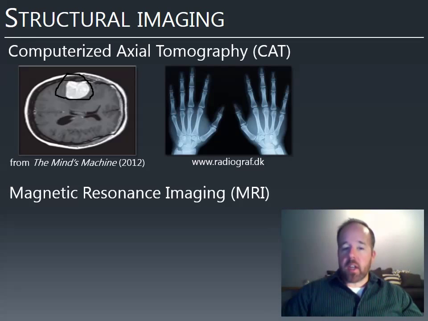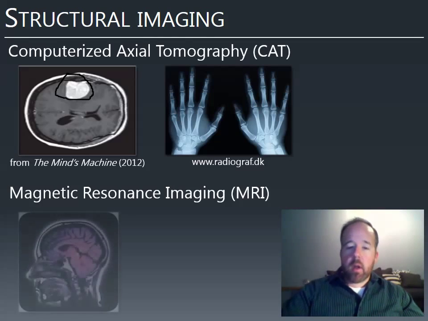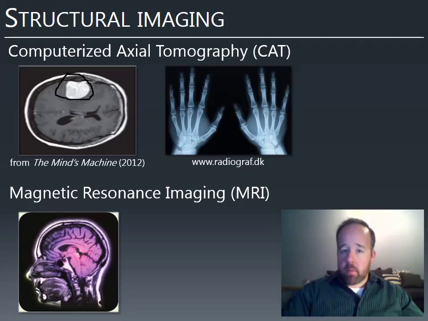Another structural technique is what's called magnetic resonance imaging, or MRI, and many of us have probably had an MRI before. This generates a similar structural image. It looks similar to a CAT scan, but MRIs can actually be sensitive to different properties of the body part in question. So it can be sensitive to the density in terms of molecules. So is it mainly water? Is it mainly fat?